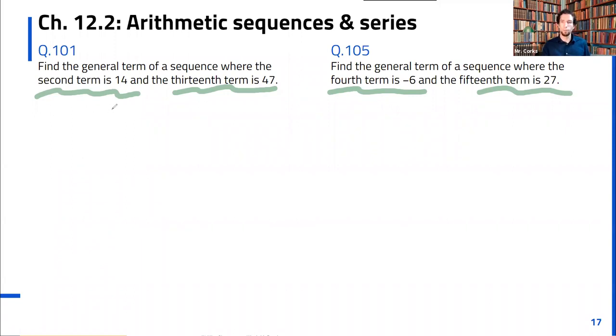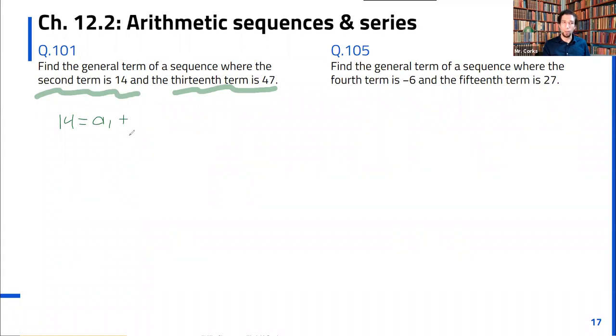So on the left, what are we going to do to solve this? Systems of equations. Okay, tell me specifically, what's the equation? The first one, 14 equals A1 plus d.